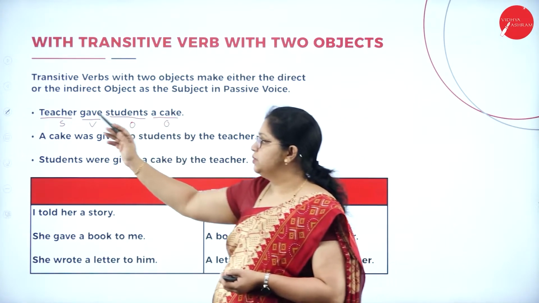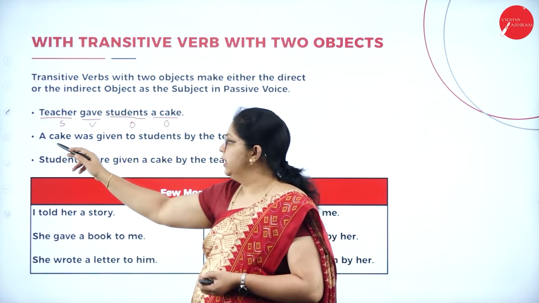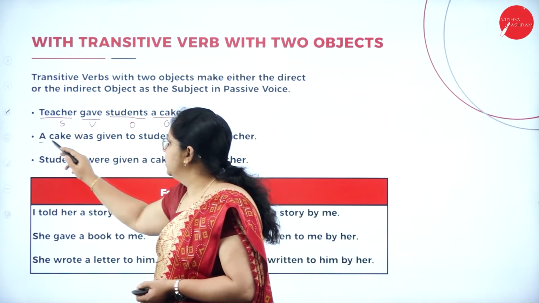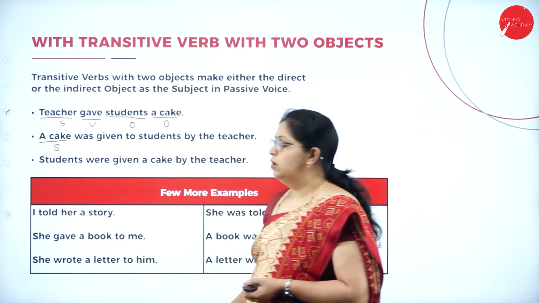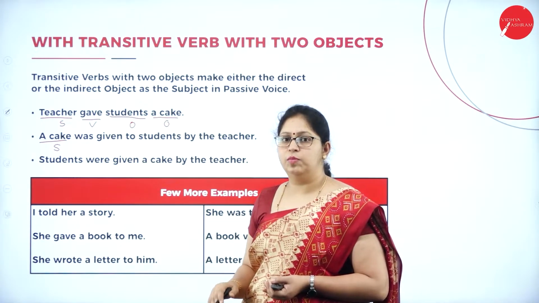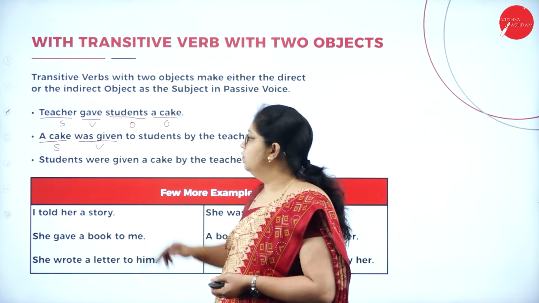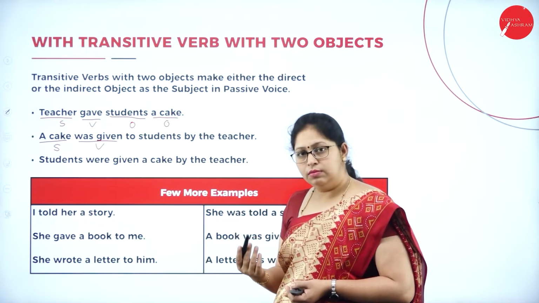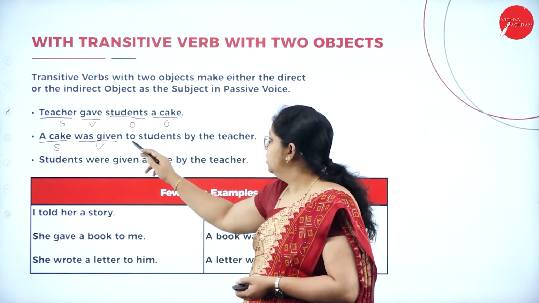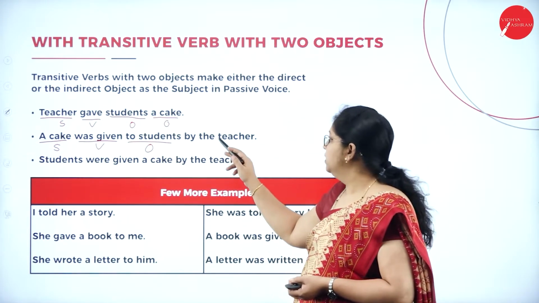See, the subject has become the object and the object has become the subject in this sentence. A cake is the object. Correct? So, this becomes the subject here. Was given. Gave is there. Was given. The past participle form of the verb is used here. Was given is the verb and the receiver is to the students. Correct? To the students is the object. By whom? By the teacher.